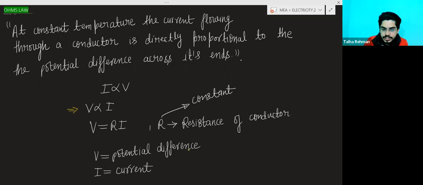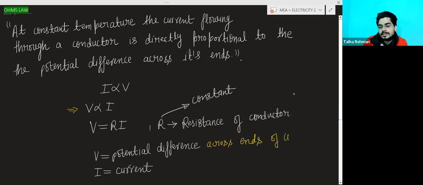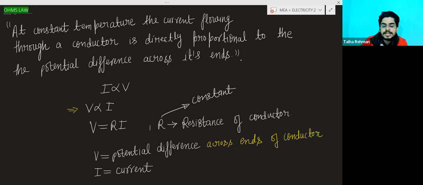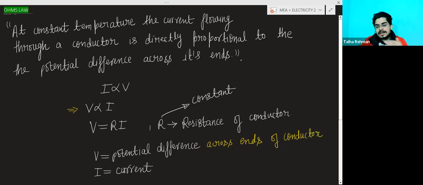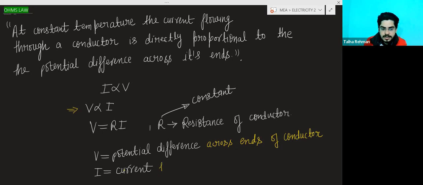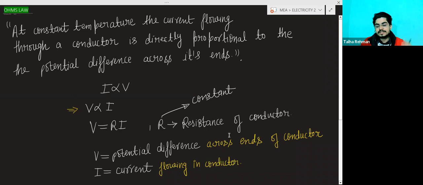So you can write V is the potential difference across the ends of the conductor, I is the current flowing in the conductor, and R is the resistance of the conductor.